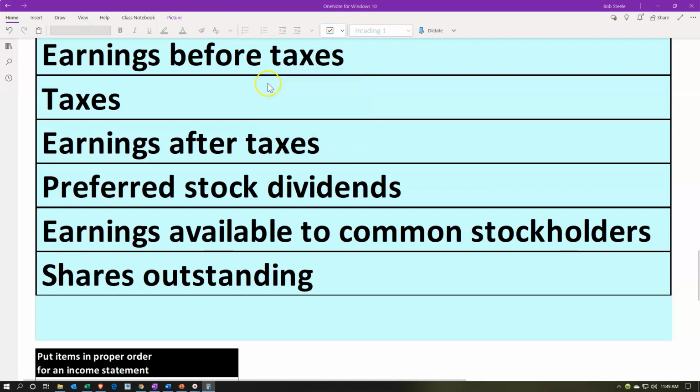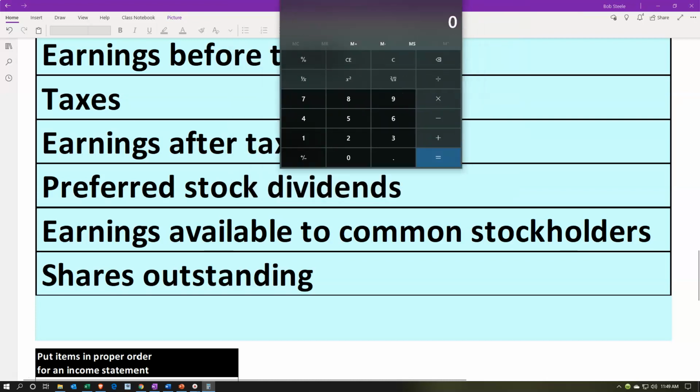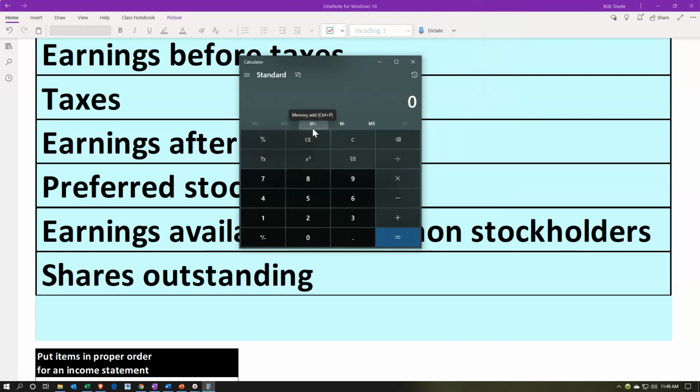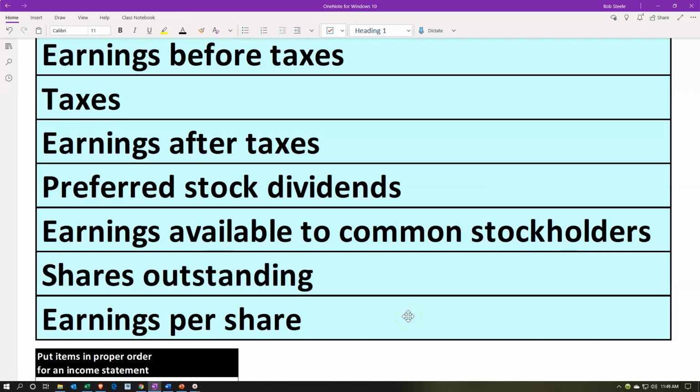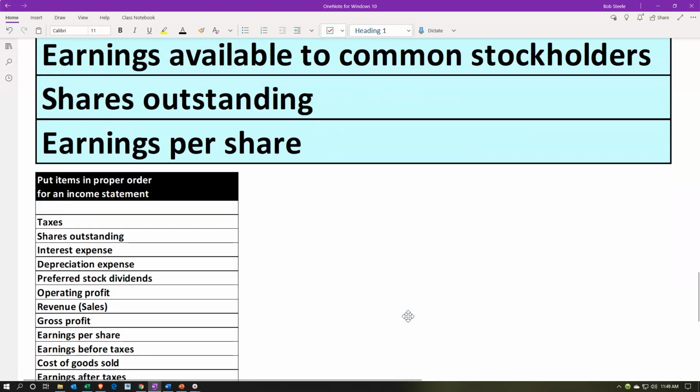So then we take the earnings available to the common shareholders divided by the shares outstanding, and that would give us our earnings per share.